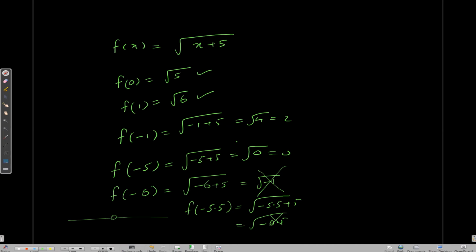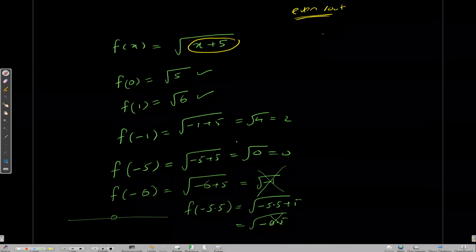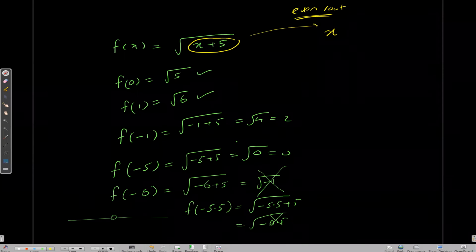Now, this is the tip. This is what you need to do. If you have a square root or any even root, this is only for even roots, because odd roots can be negative. Any even root, you take whatever is inside the radical sign, make it greater than or equal to 0, and you solve this inequality.